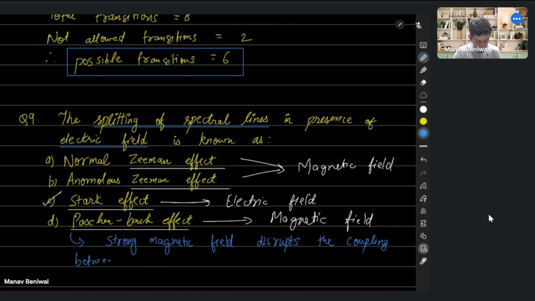between the atom's orbital and spin angular momentum.